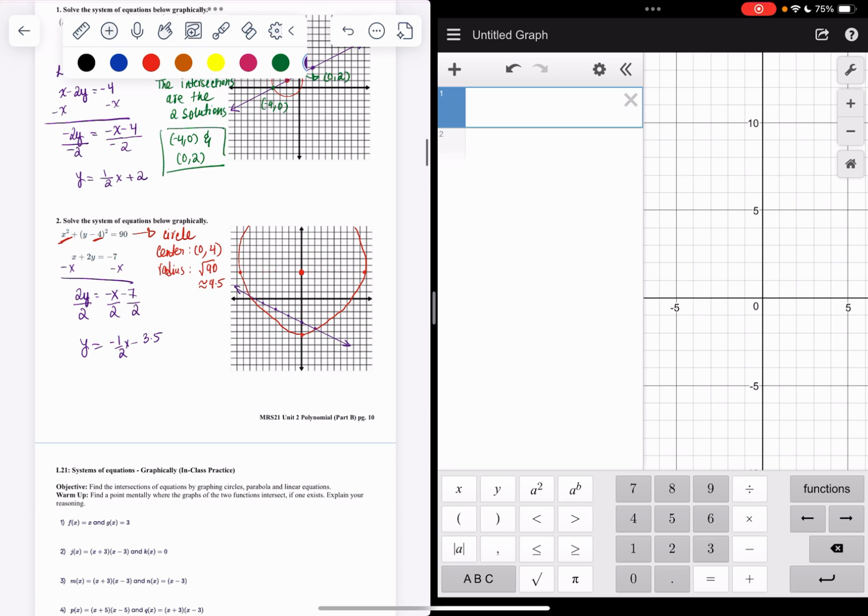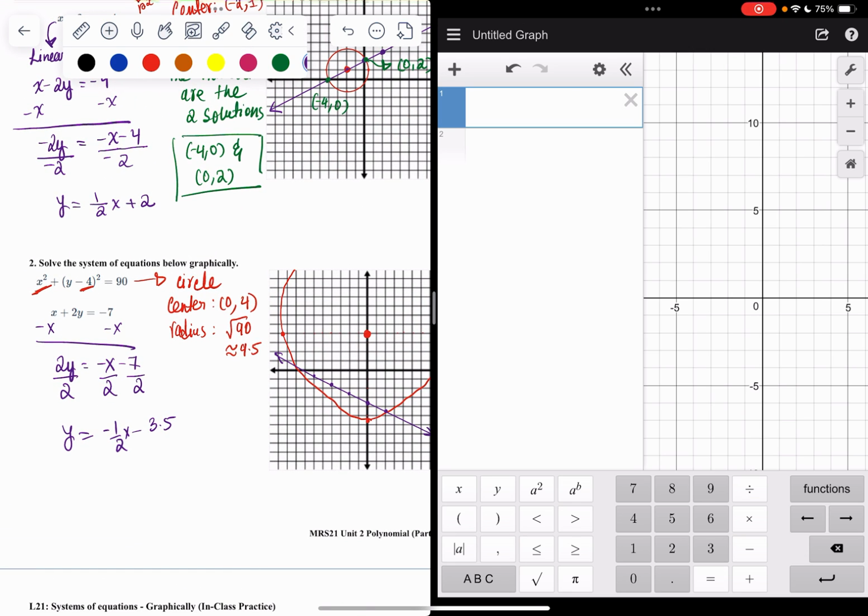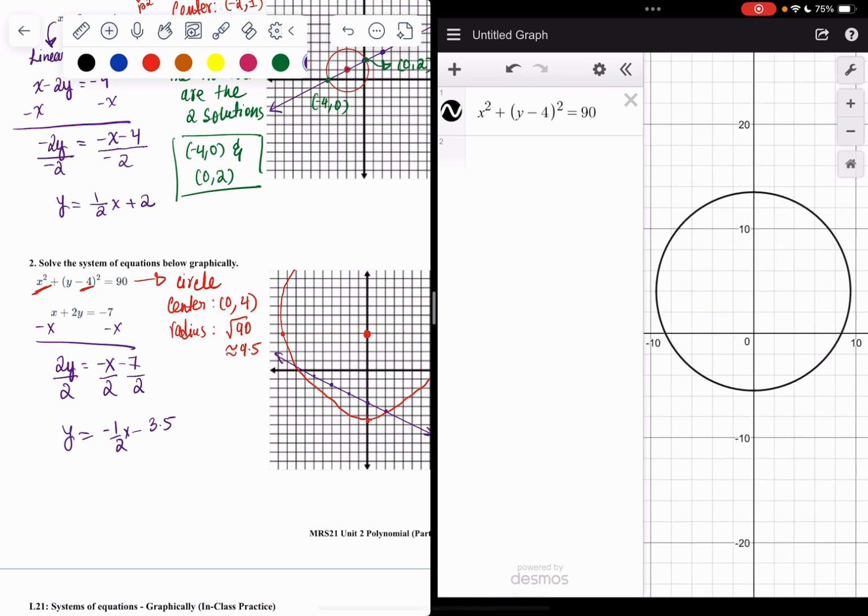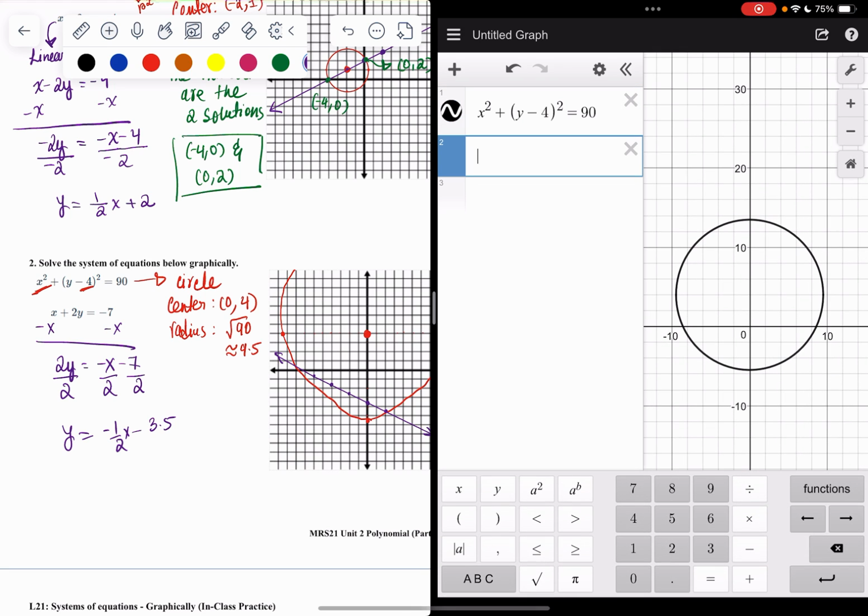So we have x squared plus y minus 4, to the power of 2, is equal to 90. So we also see in here, it looks pretty big too.